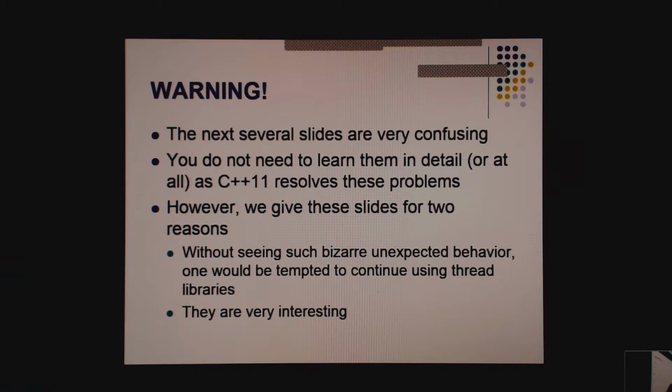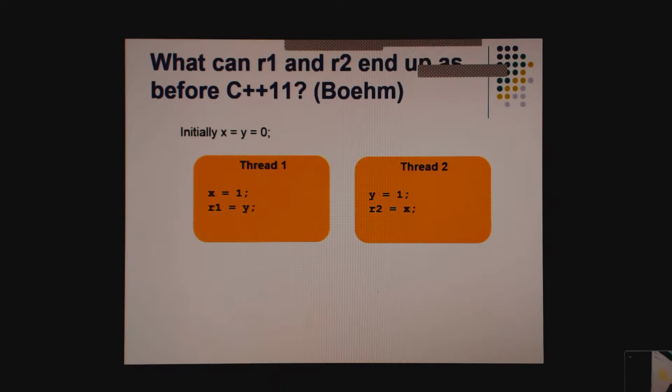So why can't you do threads as a library? Well, the reason, again, is memory. You can ignore the next few slides. They show bizarre behavior that was outlawed in C++11, but this will help explain the memory model in C++11. Here's an interesting puzzle.